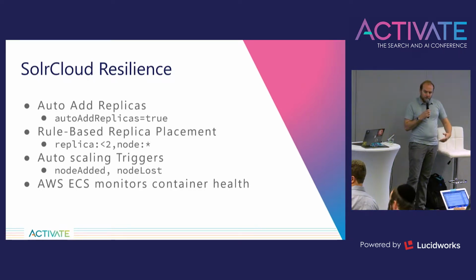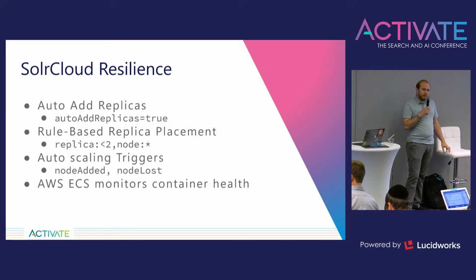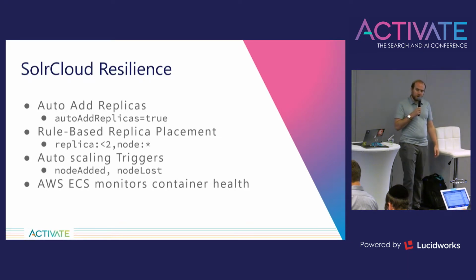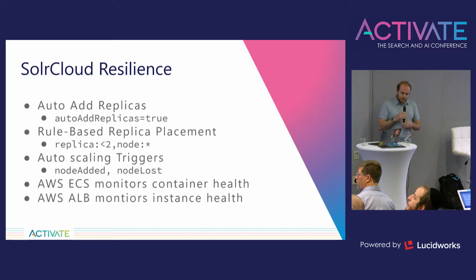ECS, along with the built-in health check on the application load balancer, makes sure that any containers that are behaving poorly get swiftly terminated and replaced with a new node. So ECS will monitor containers, and then the ALB monitors the instances.